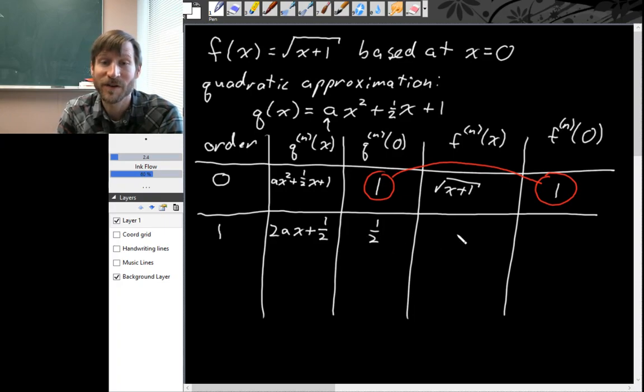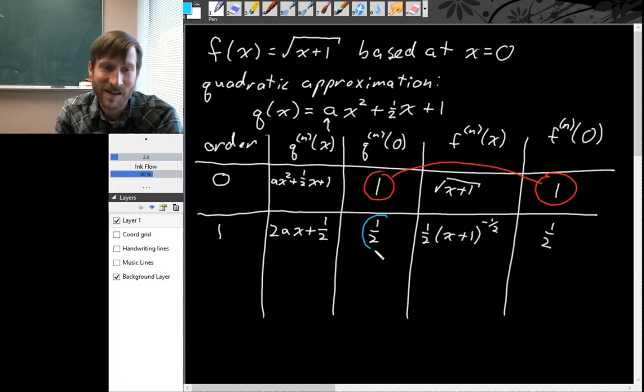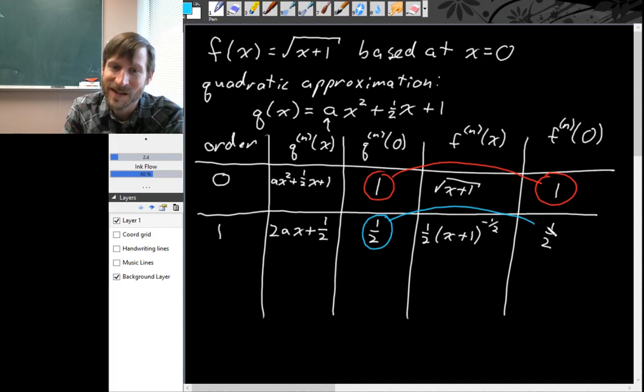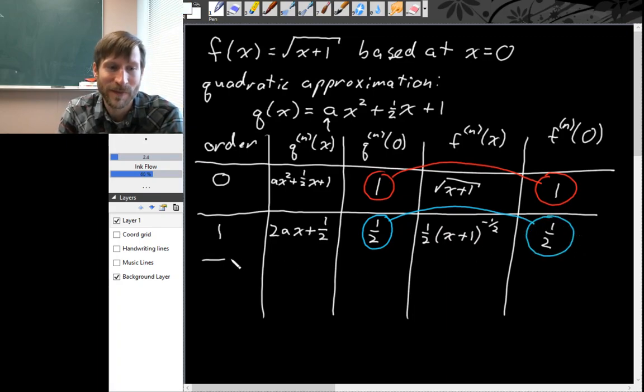Now the first derivative of the function is 1/2 times x plus 1 to the minus 1/2. And when we evaluate the first derivative of f at 0, we get 1/2. And as we wanted, the first derivative of the polynomial at the base point is equal to the first derivative of the function at the base point.